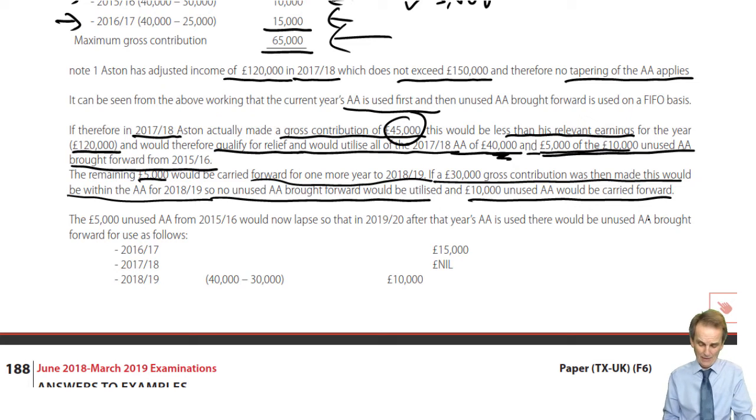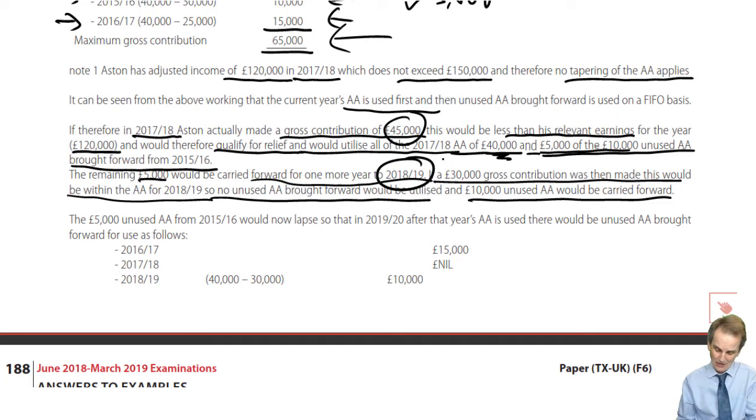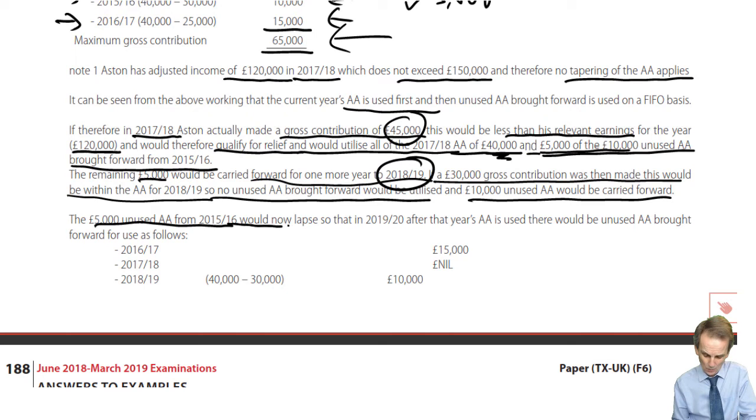So we would be able to carry forward 10,000 from 1819. The 5,000 unused AA from 1516 would now lapse. When we look at 1819, what we could have done was to go back, of course, again through from 1819, 1718, 1617, 1516.